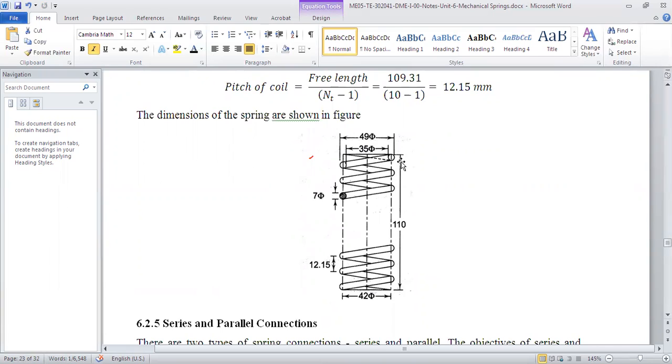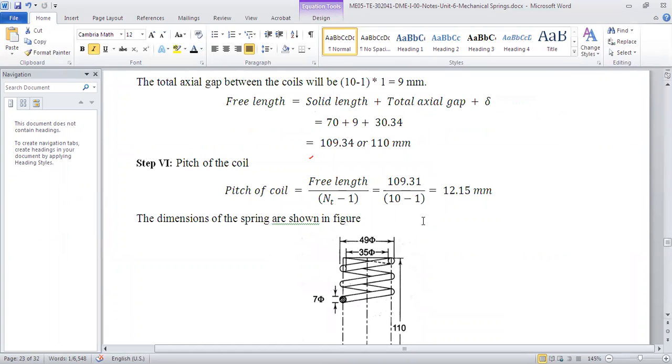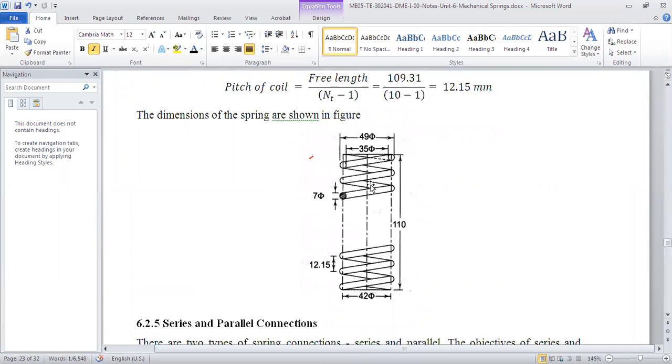We have got 7 mm as the wire diameter and 42 as the mean coil diameter, capital D. So 42 is 7 times 6. The wire diameter is 7, the distance between adjacent coils is 12.15, and the total length, the free length, is 110 mm. So this is how the spring will look, right?